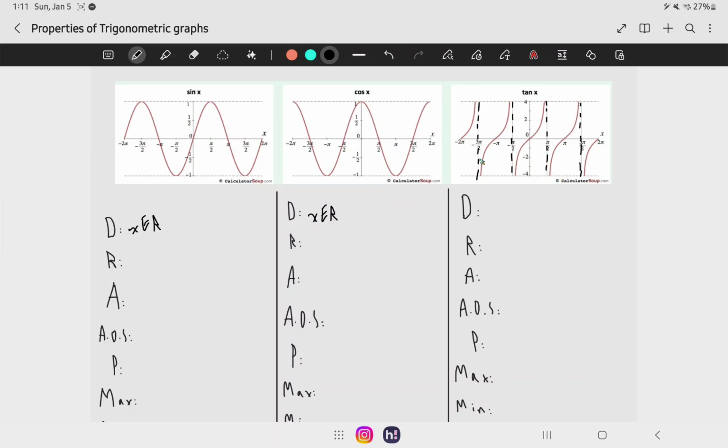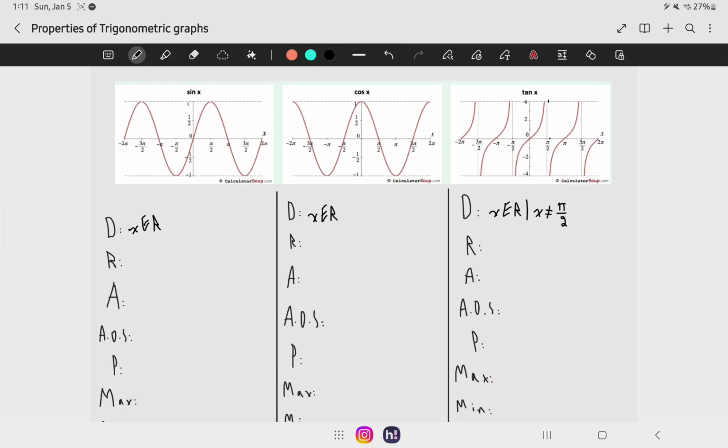And because of this, we can say that x is an element of real numbers, so x can be anything, except x cannot be pi over 2, because you can clearly see on the graph that at pi over 2, we can't have any x values.